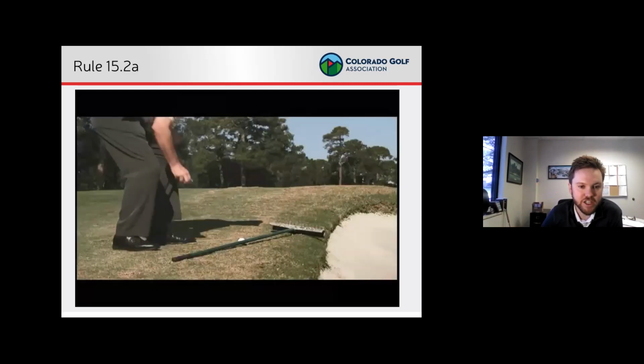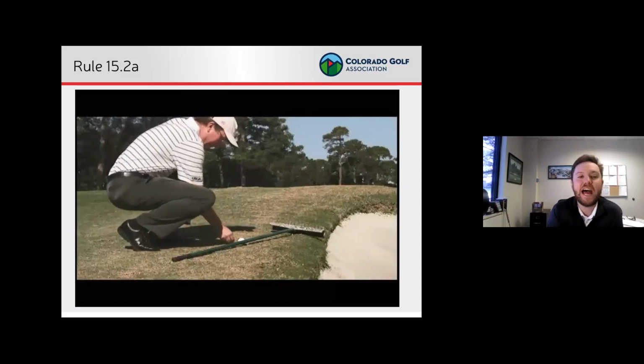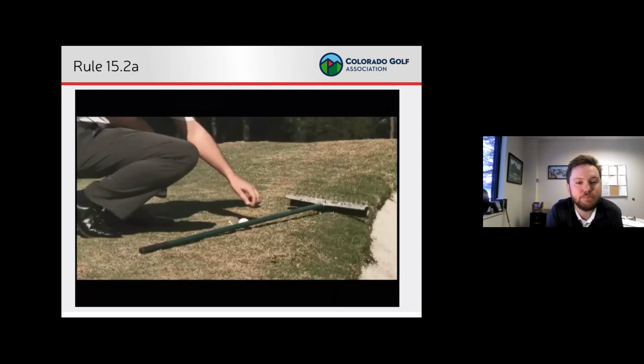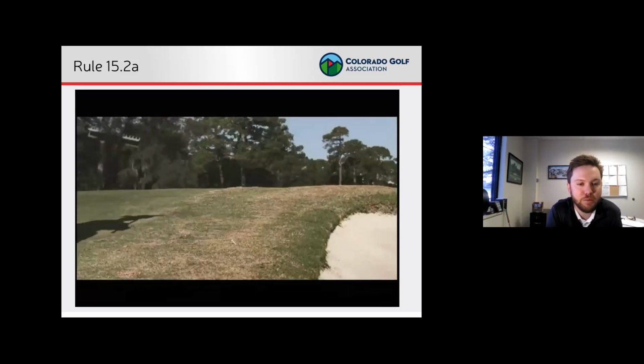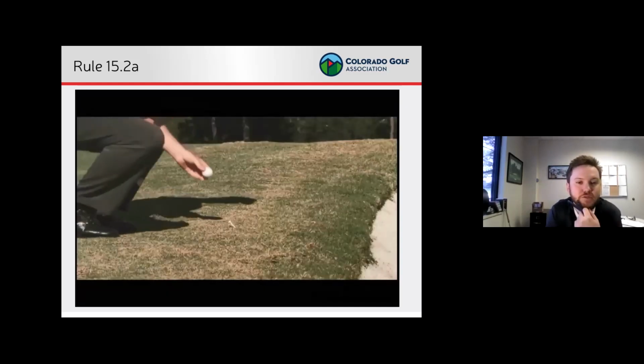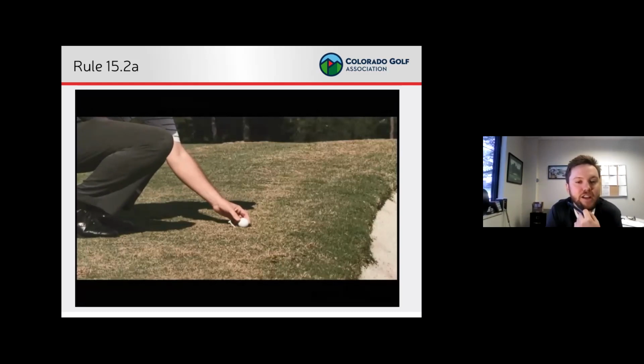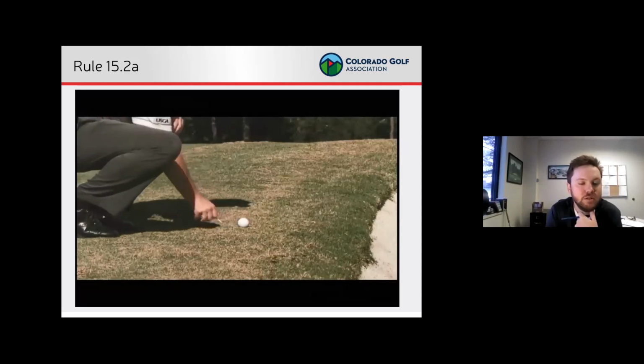So here, a player's got his ball there. He's going to mark it. You don't have to, but it's good procedure. He marks the ball because it's probably going to move. The movable obstruction is removed. The ball moves. No problem there. You can clean the ball in this case, right? Because you're replacing it back on the spot. We know where it was. Place it there. No penalty. That's perfect. A lot of people don't mark it, which is fine because you don't expect it to move, but then it does move.